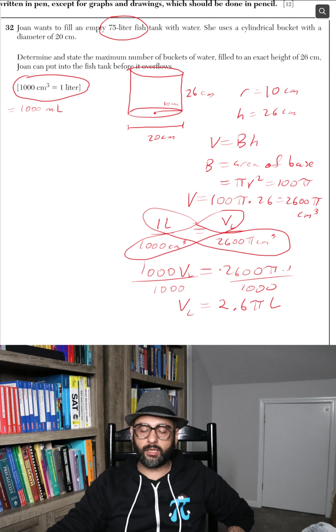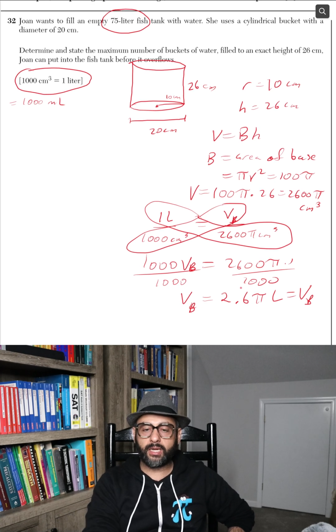And this is equal to the volume of the bucket. So I'm going to change the L to a B for bucket. Notice that the volume of the bucket is 2,600 pi centimeter cubed, but it's also 2.6 pi liters.